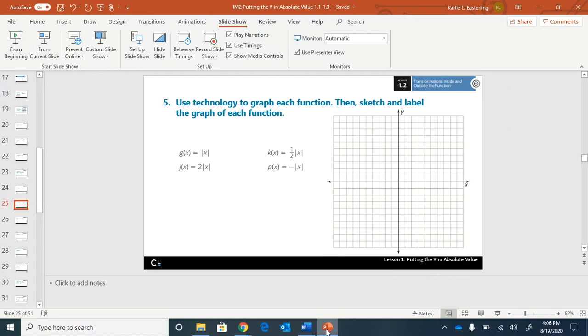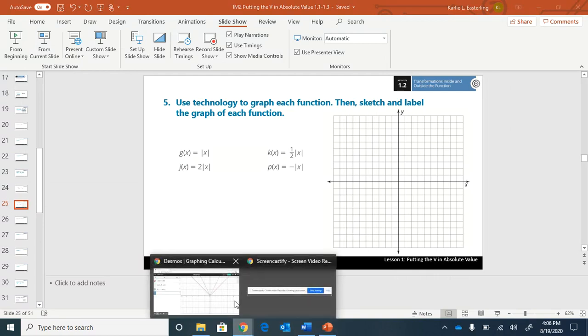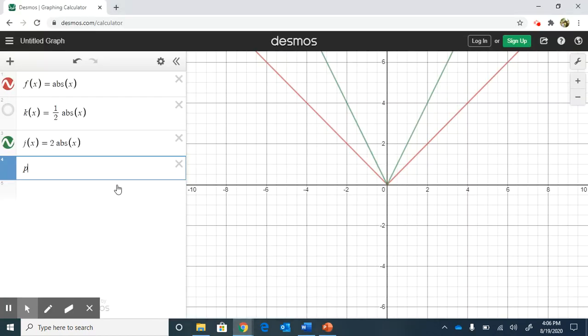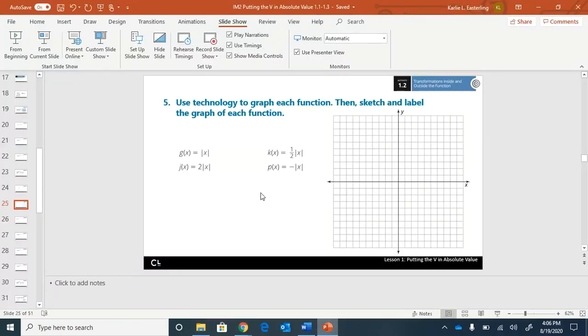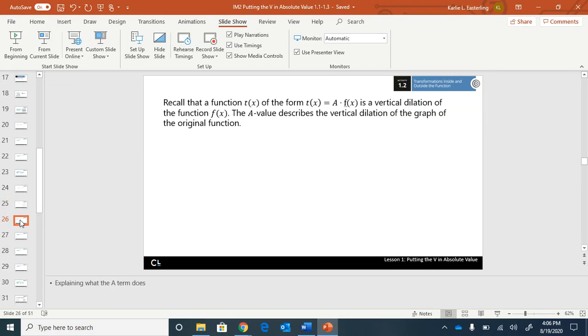And then our final one was p of x, which was equal to the negative of the absolute value of x. And that one just flips right over our x-axis. So that is what those look like.